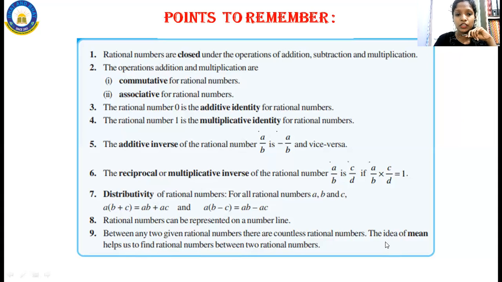In the same way, between 0 and 1 there are infinitely many numbers, whether in fractions or decimals. The idea of this will help you find rational numbers between two given rational numbers.